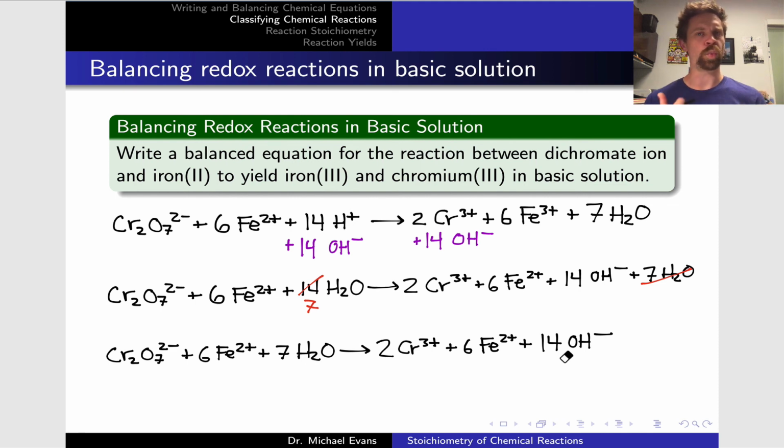And it's the presence of the water and hydroxide that points us to this being a basic reaction, a reaction in basic solution. And I would encourage you again to make sure that all of the atoms and the charge are balanced in both this reaction and in the acid balanced reaction that we looked at previously as well.